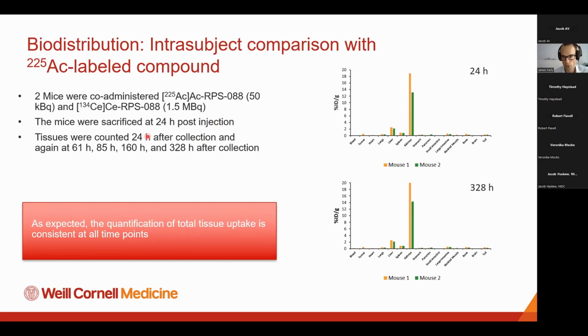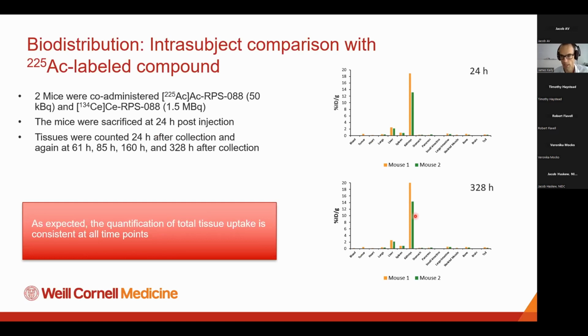And we counted the tissues beginning 24 hours after harvest and continuing up to 328 hours. And what we can see, and again, we were scaling the activity based on known standards that we prepared, and obviously, it's reassuringly comparable between 24 hours and 328 hours, and between mice as well.